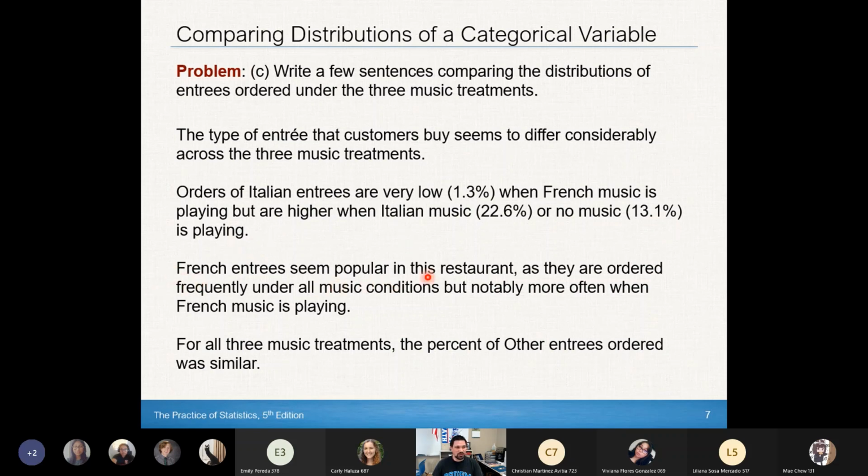French entrees seem popular in this restaurant as they are ordered frequently under all music conditions, but notably more often when French music is playing. For all 3 music treatments, the percent of other entrees ordered was similar. Just basic comparison.